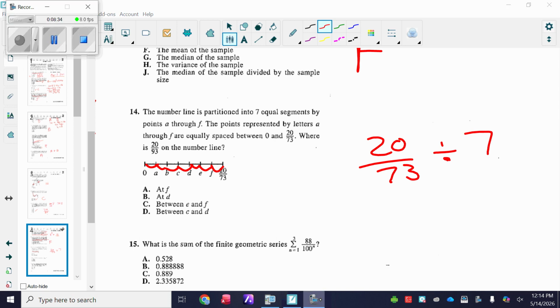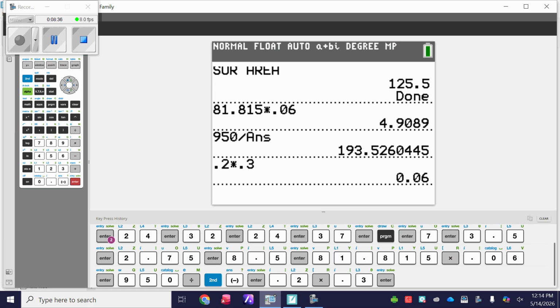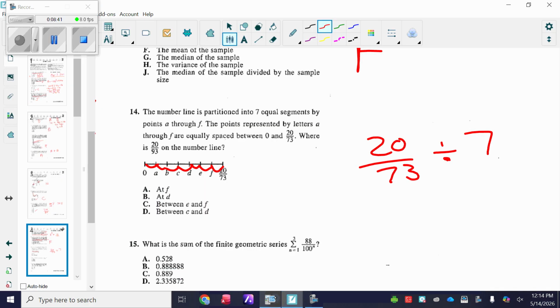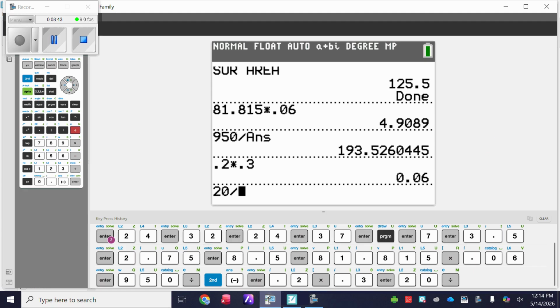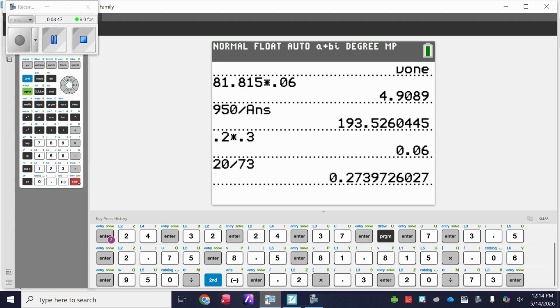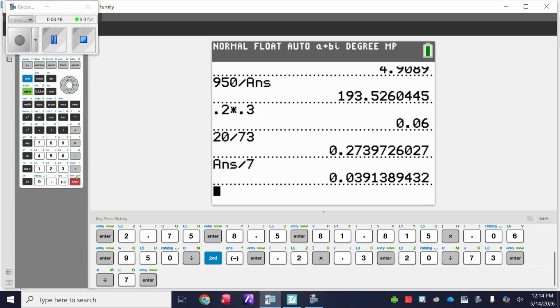And it caused me a little trouble because 20 divided by 73 divided by 7 gives me that much per unit.